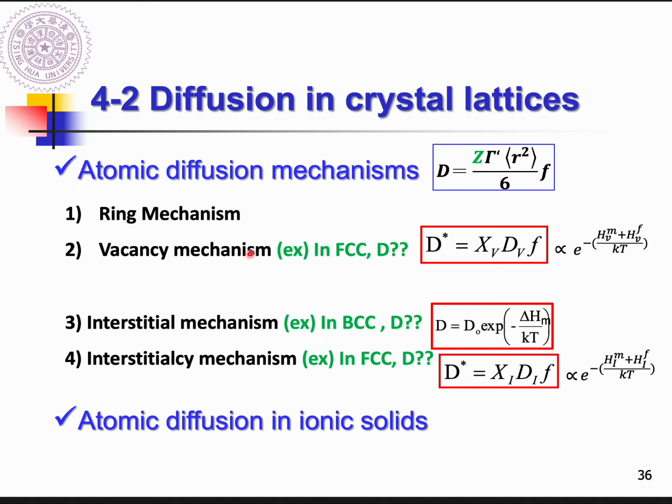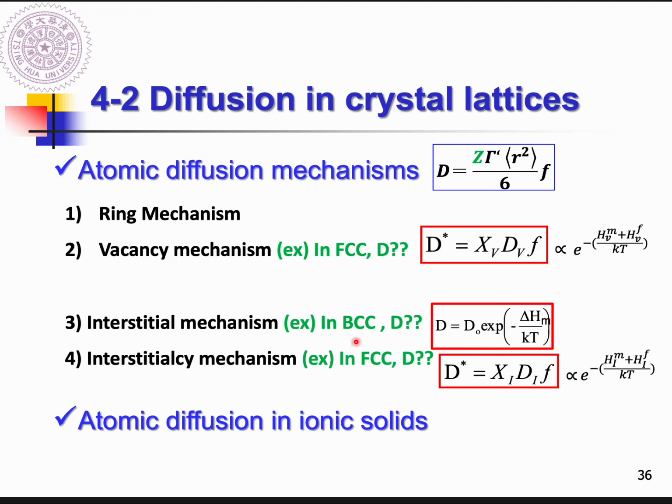If we don't consider whether the diffusing atoms are host atoms or solute atoms, then I will say the diffusivity through the interstitial defect would be larger than the vacancy one and the interstitialcy one, because the migration energy is the lowest, right? Compared to the vacancy and interstitialcy mechanisms.